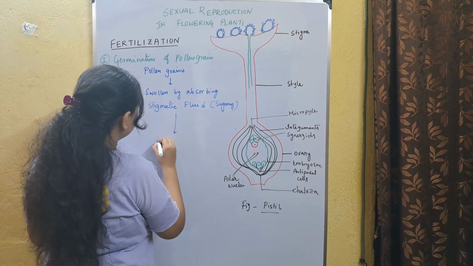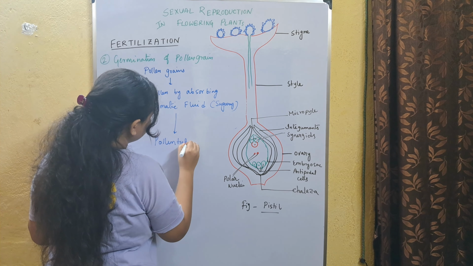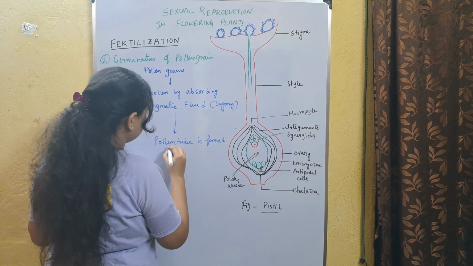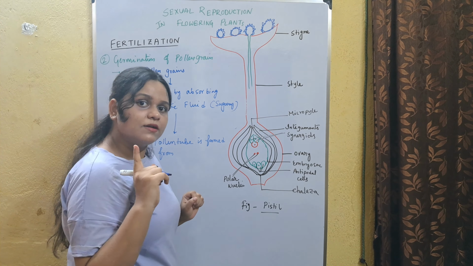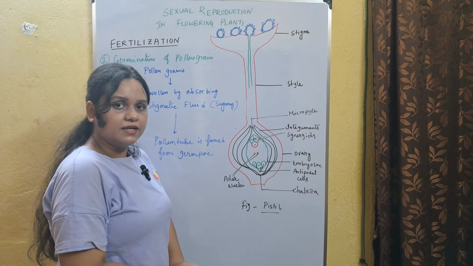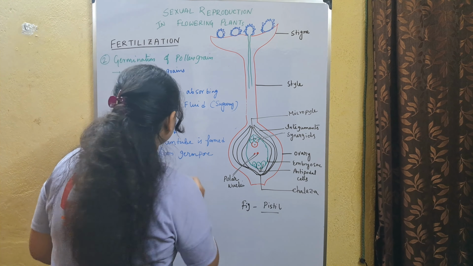In the next phase, pollen tube is formed from, remember germ pore? The germ pore was present in the pollen grain. The discontinuity in the sculpturing of pollen grain is the germ pore.